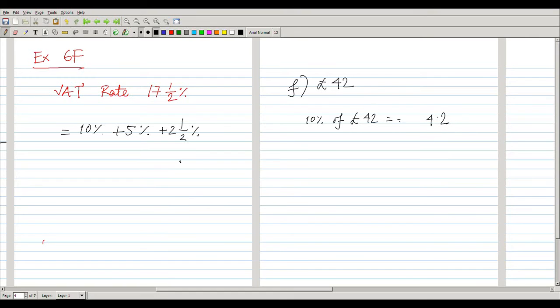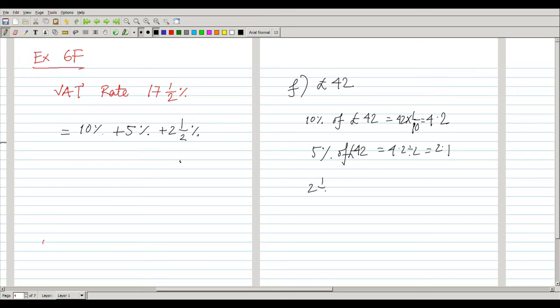We can say 42 into 1 by 10, so this will be 4.2. And 5% of 42 will be half of 4.2, so 4.2 divided by 2, which is 2.1.